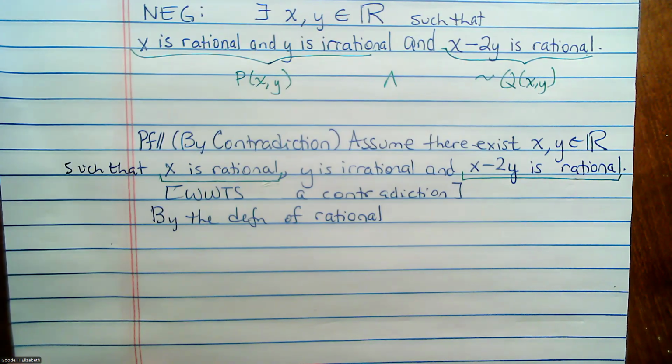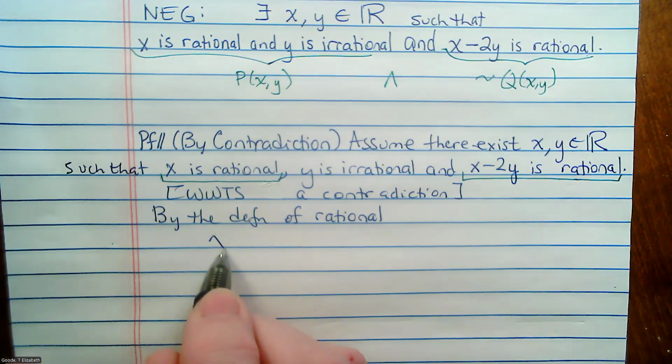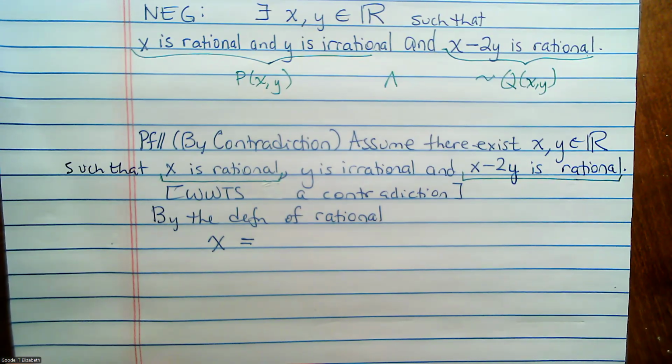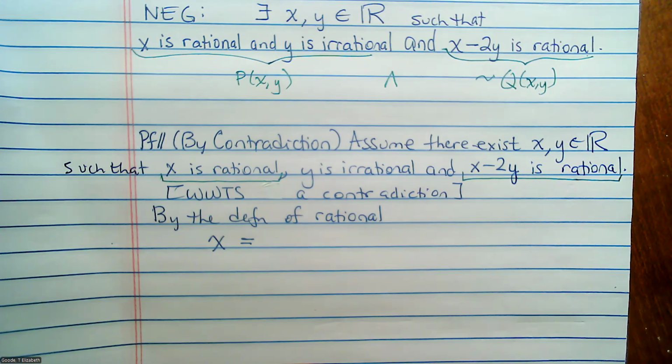You tell me. What's the definition of rational again? It has something to do with a quotient. B is not equal to 0. I can't remember the first part of it.